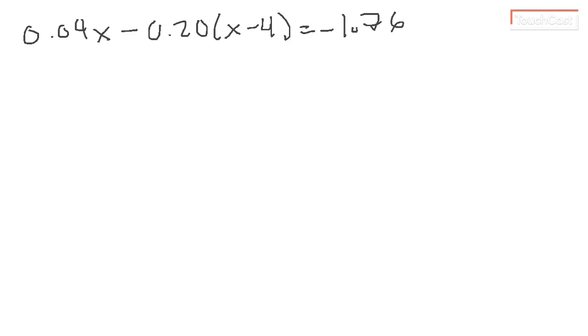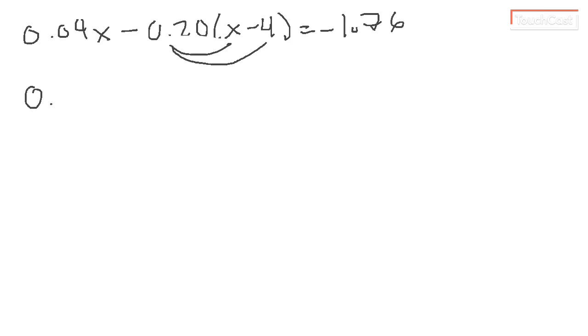So we're going to have 0.04x minus 0.20 times x minus 4 equals negative 1.76. Now we can distribute this negative 0.20 to x minus 4.